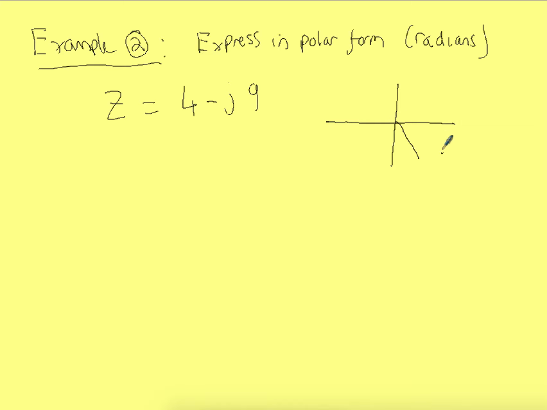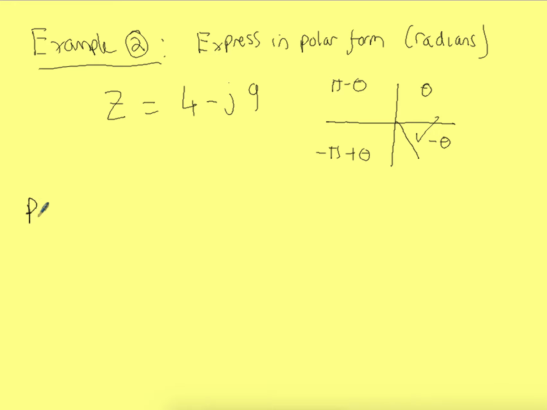a complex number. And remember, my table is theta, if it's in radians, pi take away theta, negative pi plus theta, and this angle in here is negative theta. So my complex number is in this quadrant. So whatever I get is my angle, I'm going to make it the negative of it.